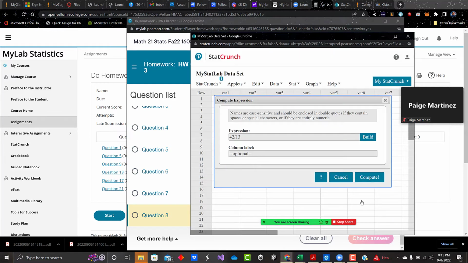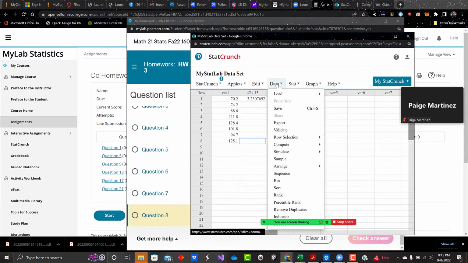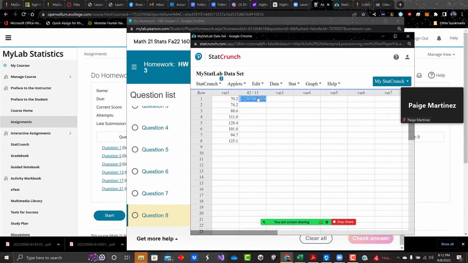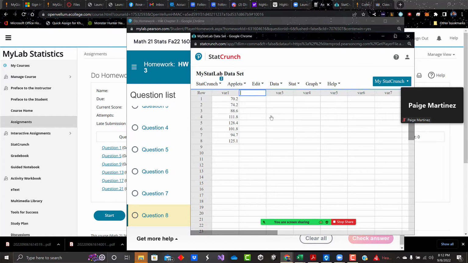And I could click OK and compute. And I calculated that 3.23 earlier. But if you notice, that's a lot slower and it's not easy to remember what to do. So I recommend using a basic calculator for basic things like addition, subtraction, multiplication, and division. Anything where there's a formula, do it in StatCrunch.